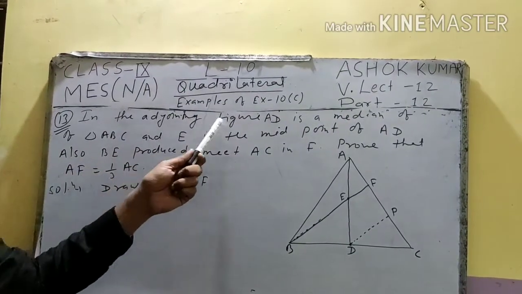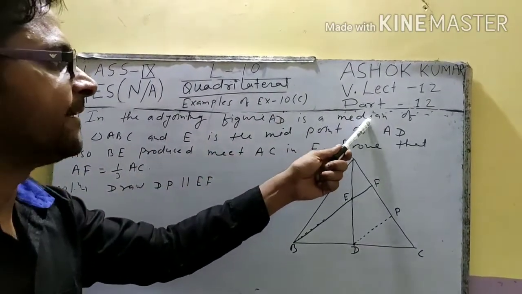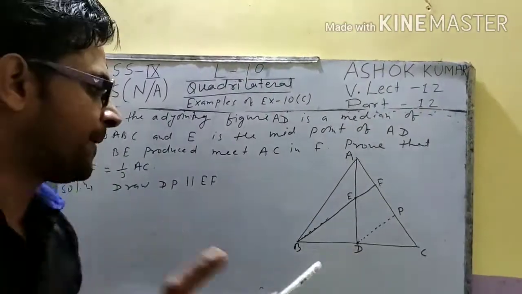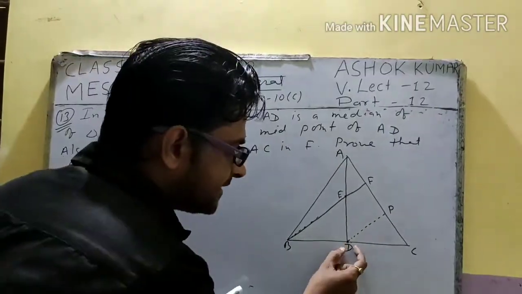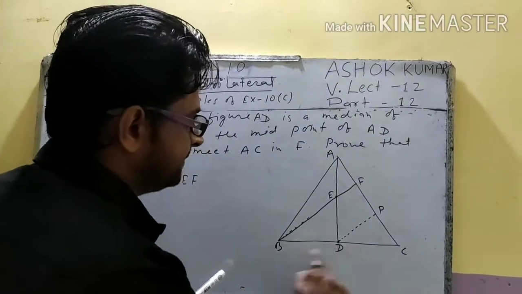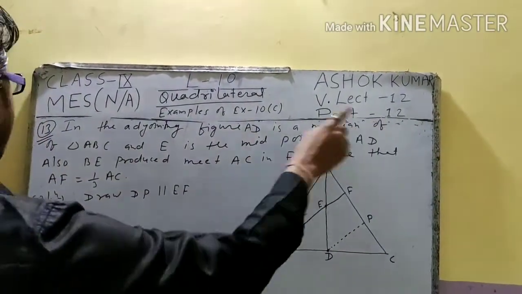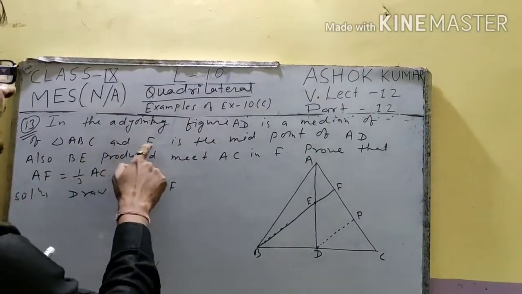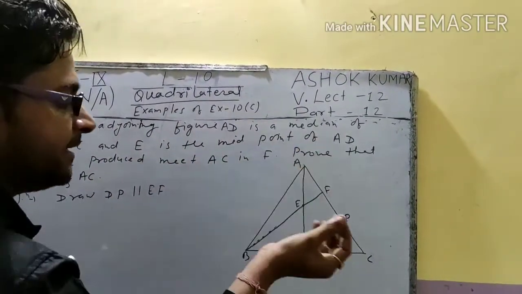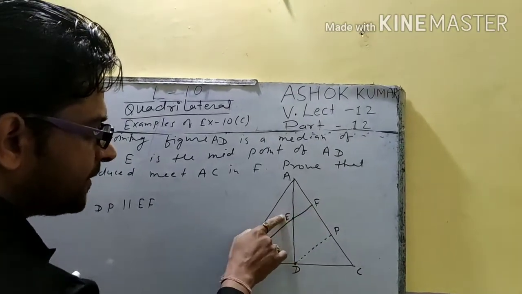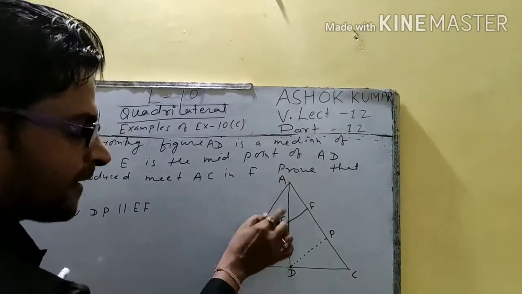In the adjoining figure, AD is the median. AD is the median, that means the median divides the side into two equal parts. So here we can say D is the midpoint of BC of a triangle ABC, and E is the midpoint of AD. This is already given here.